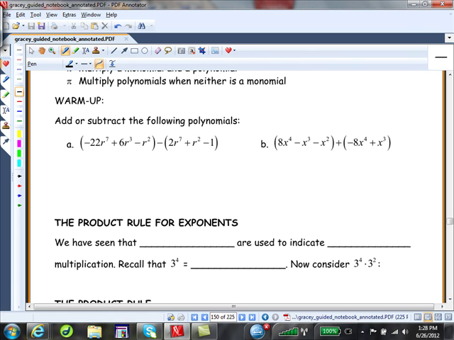Here, notice that the first one is a subtraction problem. So this will be equivalent to negative 22r to the 7th plus 6r cubed minus r squared, because there was nothing in front of these parentheses. But here, remember, we have to distribute that minus sign throughout.